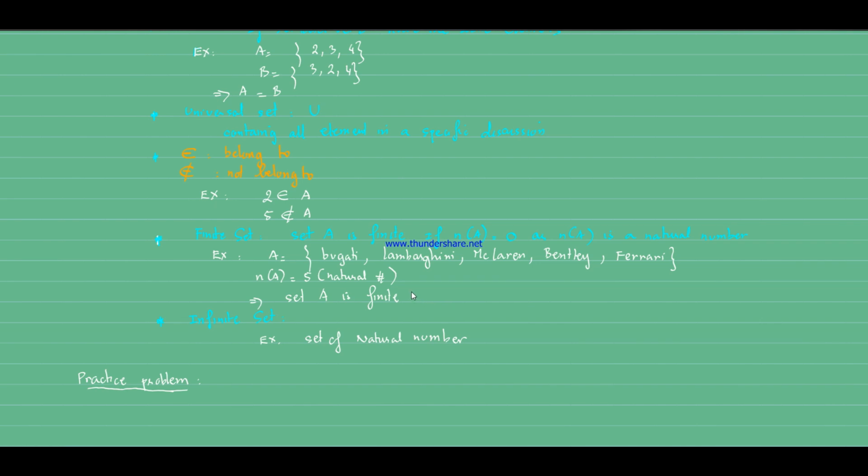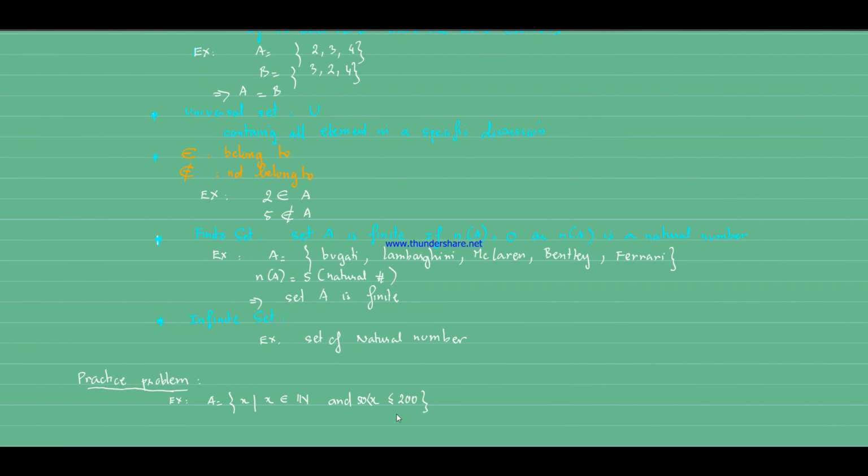What if I have a set builder notation like this: a set A, and set A is the set of all elements that belong to the natural numbers, and the condition is that all the natural numbers must be between 50 and 200. Okay, so this is the set builder notation.